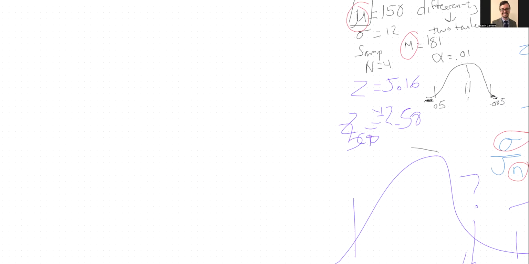And we knew that our z-critical was 2.58. This is our z-score. We went to the table and found that it wasn't on the table. And so we knew that the proportion left in the tail, or really the percent left in the tail, based on that table, was less than 0.01%.